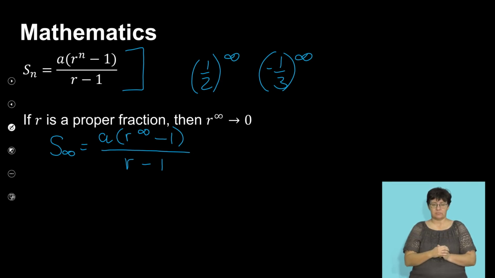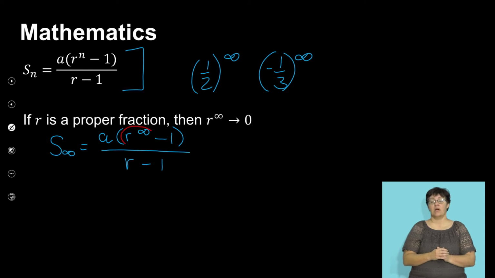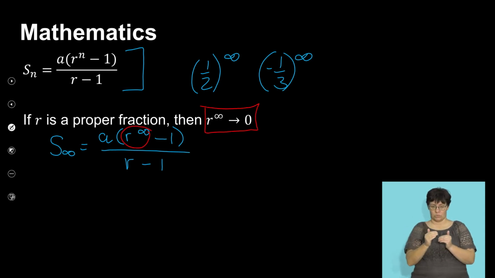It's the same thing with negative a third. If I'm raising that to an incredibly large number, it's going to get closer and closer to 0. So that means that when I have my ratio to the power of infinity, it's getting closer and closer to 0. So the sum to infinity will be equal to a.